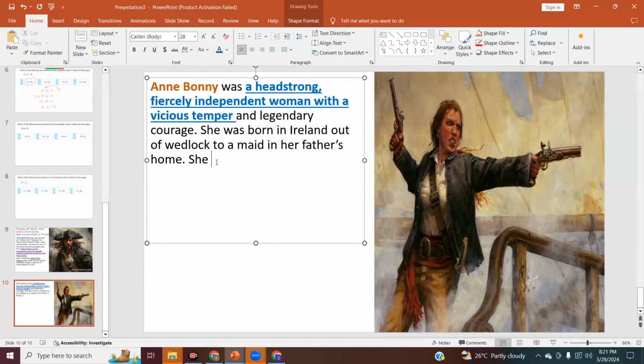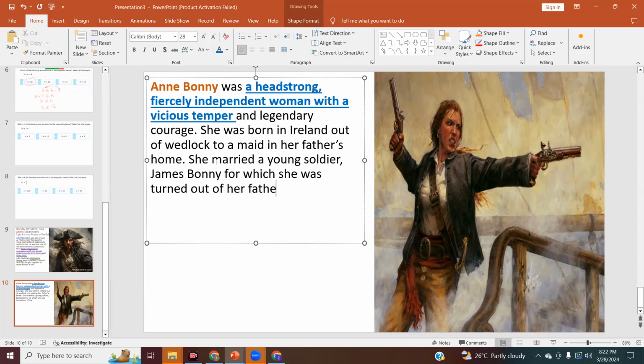She married a young soldier, James Bonney, for which she was turned out of her father's home. So for marrying this young soldier, she was kicked out of her father's home.